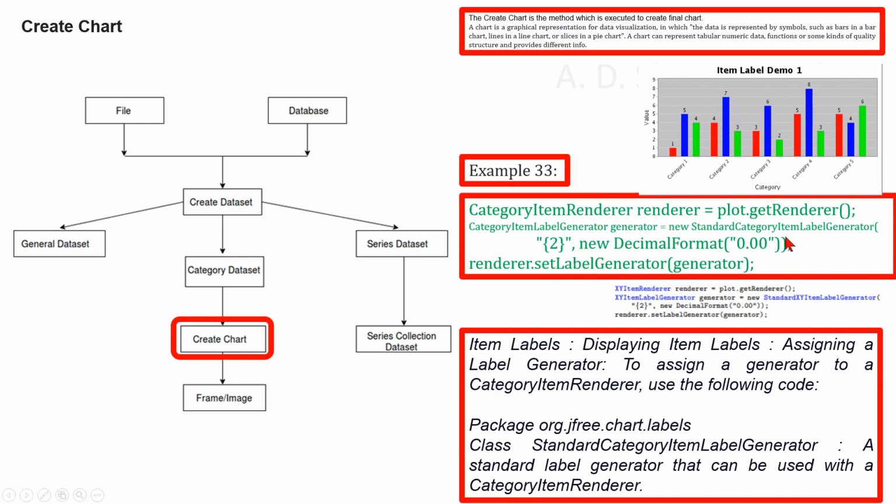The class StandardCategoryItemLabelGenerator, in package org.jfree.chart.labels, is a standard label generator that can be used with the category item renderer. Item labels are created by a label generator that is assigned to a renderer.